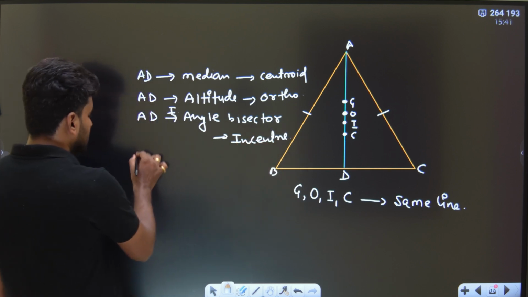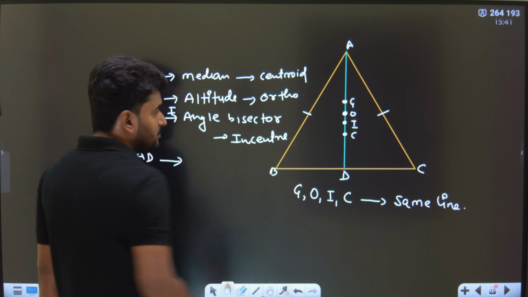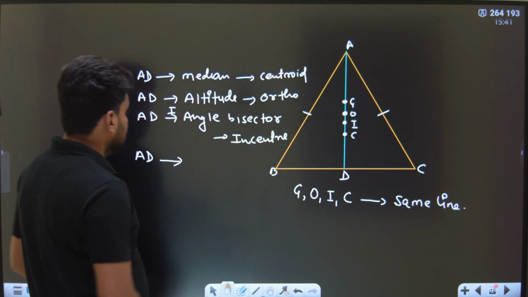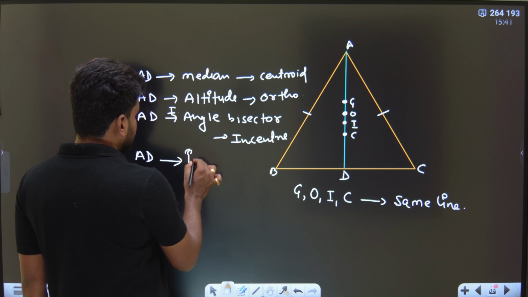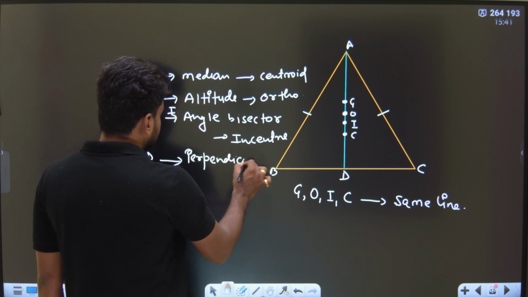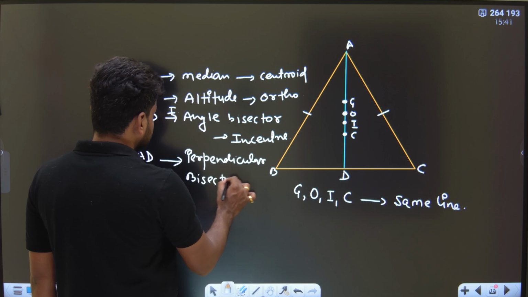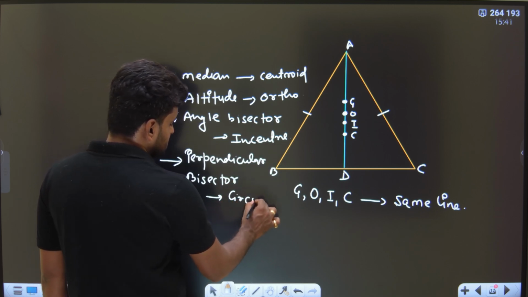And if AD is a perpendicular bisector, in that case we will get the circumcenter.